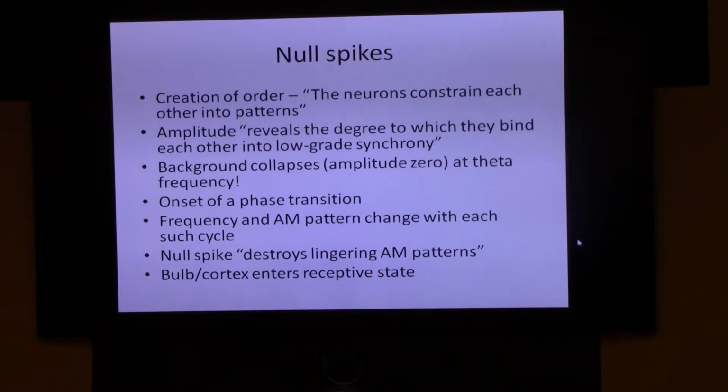And in order to make that connection, he hypothesized, and then looked for this null spike and found it. That's my interpretation of it. As to why it needs to be there, I can't claim to fully understand that.